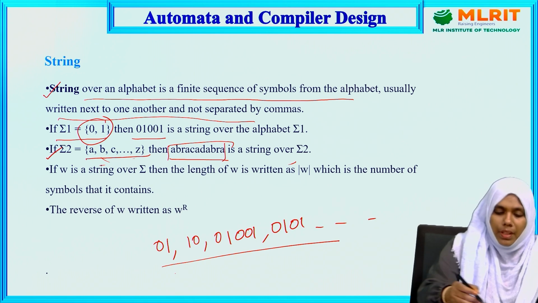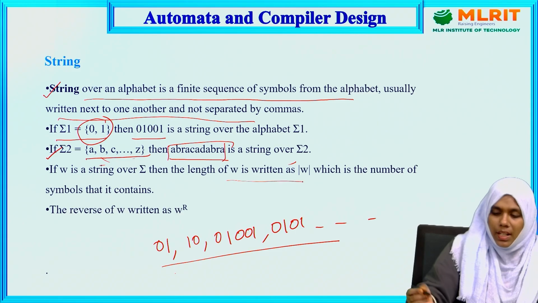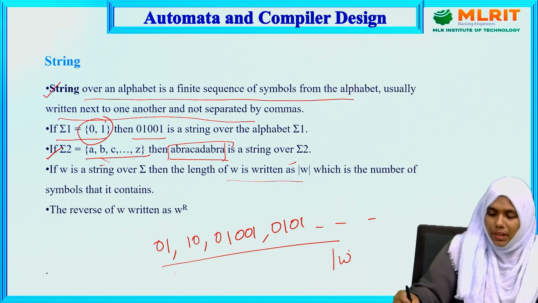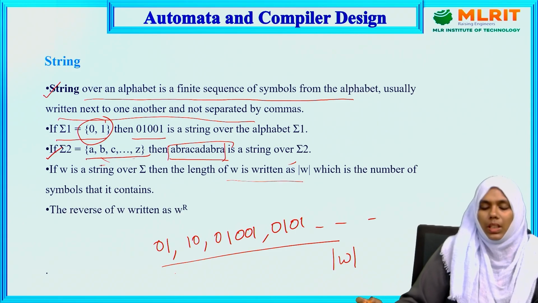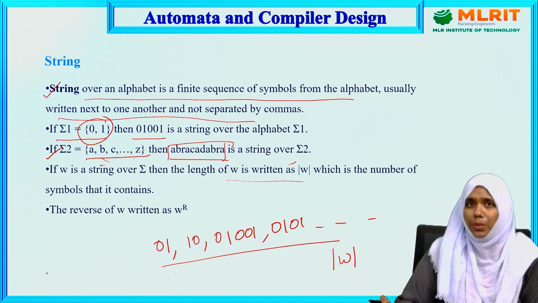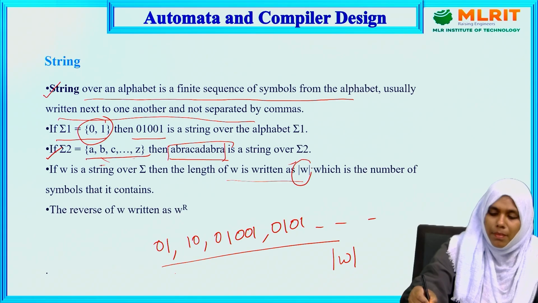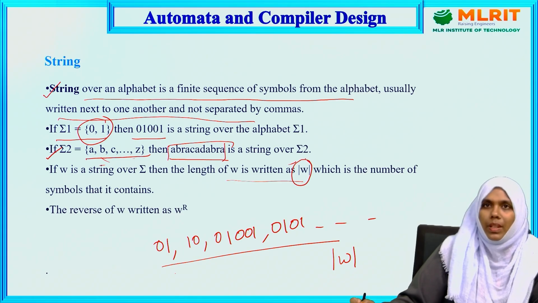Now, if W is a string, then the length of W is written as |W|. That means if W is a string and you want to write the length of the string, it can be written using this symbol, which generally denotes the number of symbols it contains.